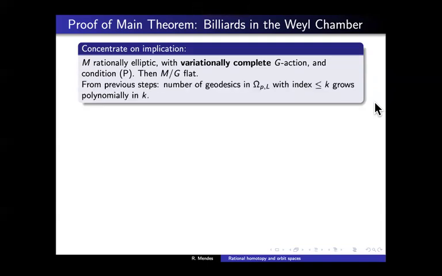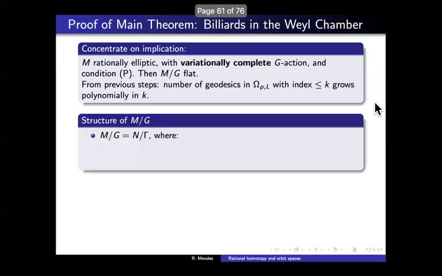And then I also record here what we just got from the previous slide, which is a control on the number of geodesics of certain index in that space omega PL of paths from P to L. All right. So how does variationally complete come in?